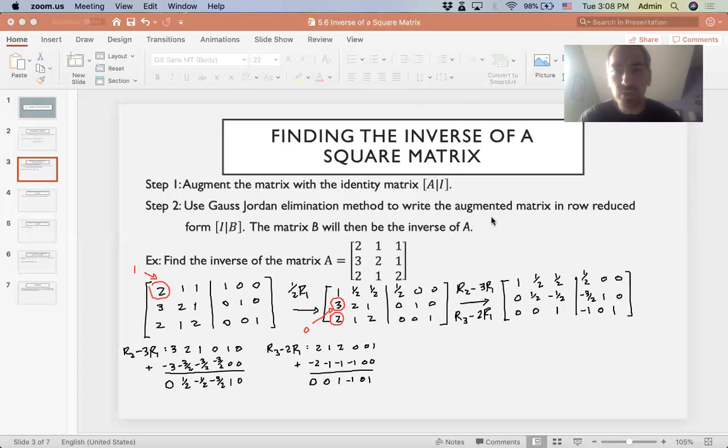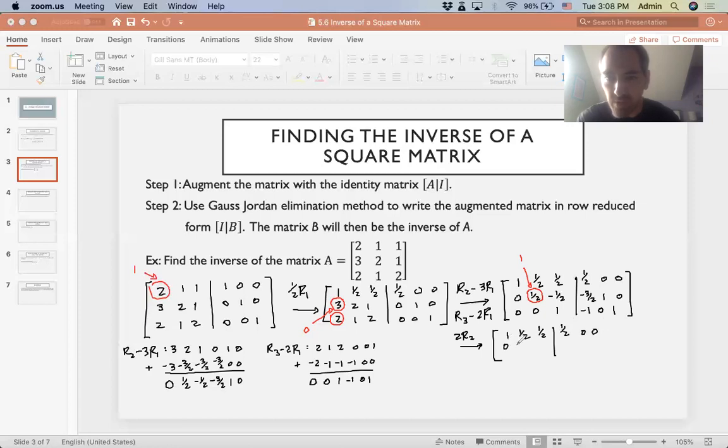So now moving to the second column, we want the second entry in the second column to be 1. We can do that by multiplying row 2 by 2. Everything else stays the same.